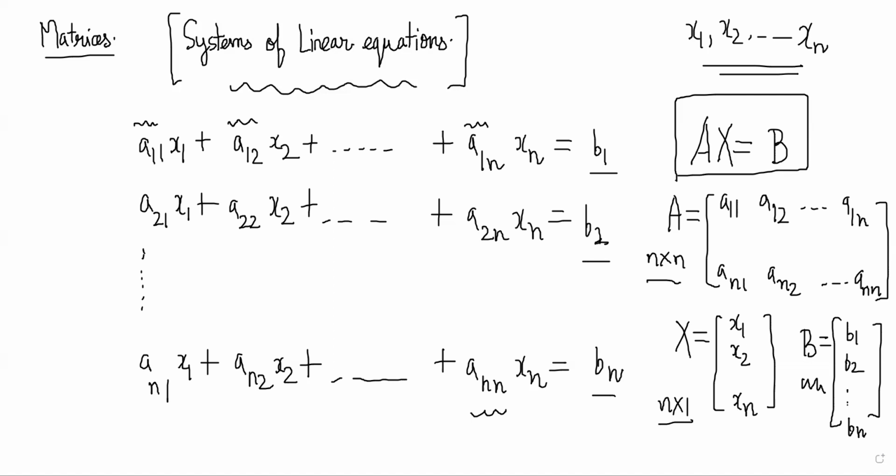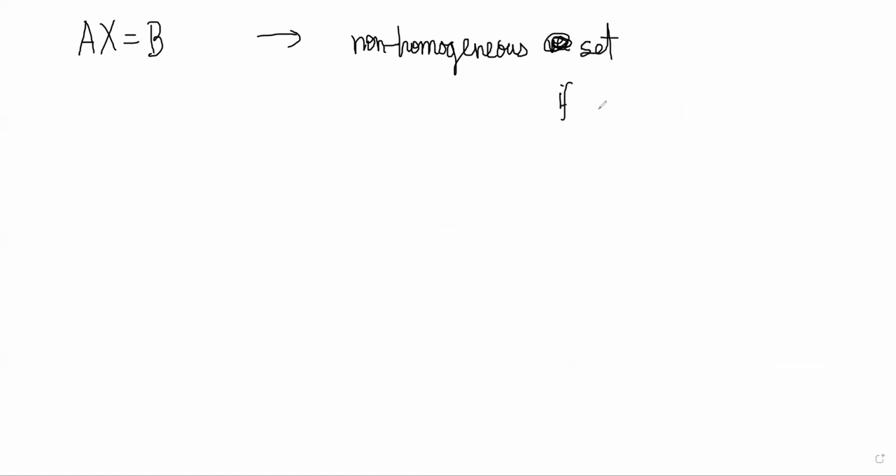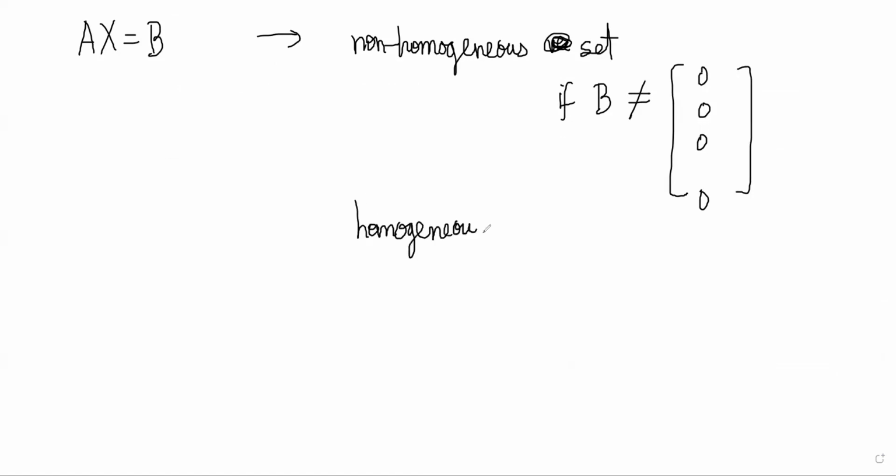So first of all, this equation AX is equal to B can be of two kinds. It is non-homogeneous if your B vector is not a zero vector, and it is homogeneous if B is equal to a zero vector.